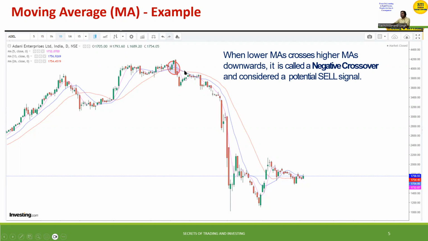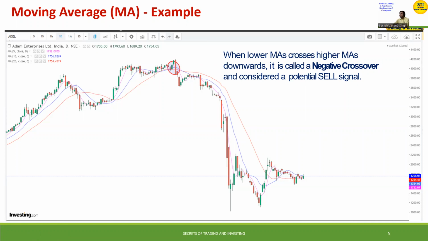Once that happens, it is known as a negative crossover, and it will be a possible time for short selling, or if we have already purchased the stock, it is the time to exit.